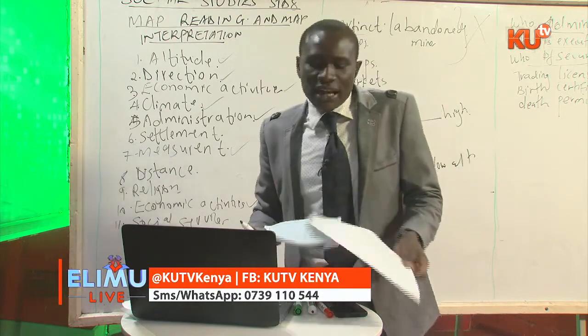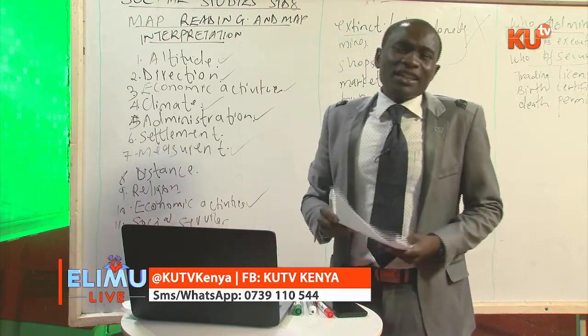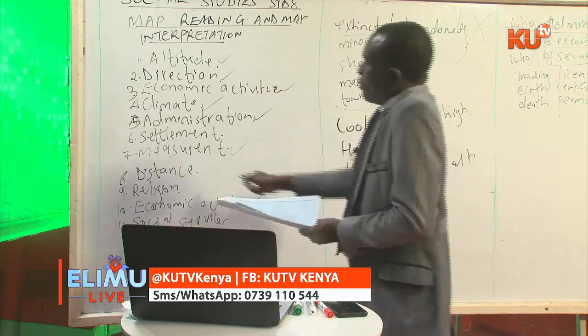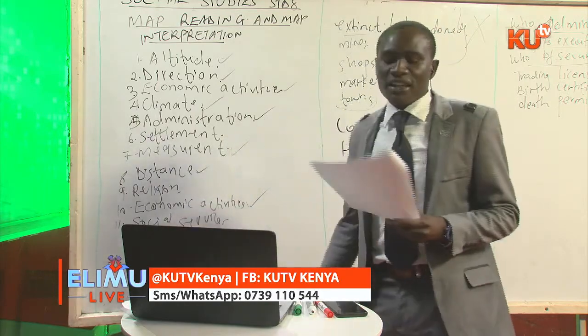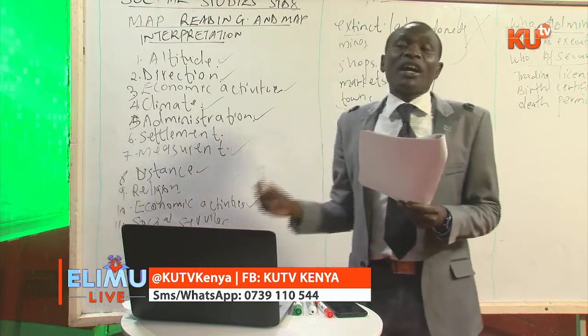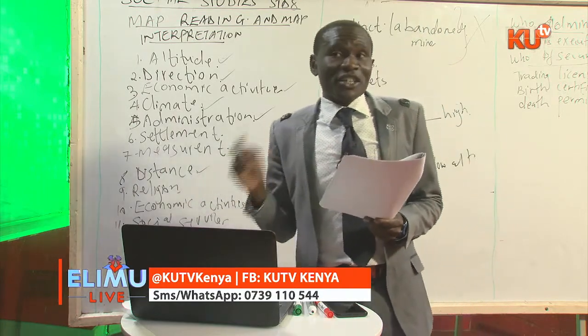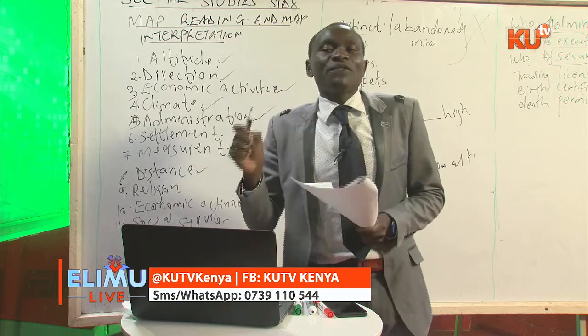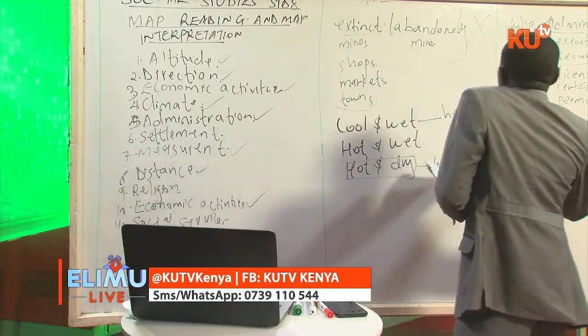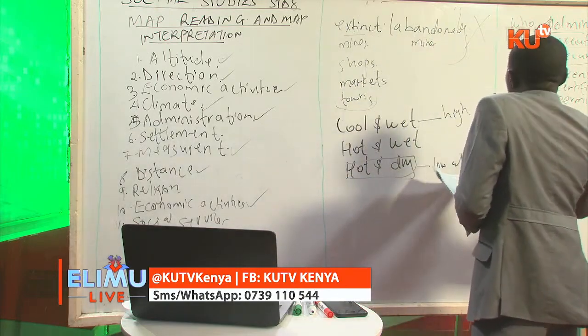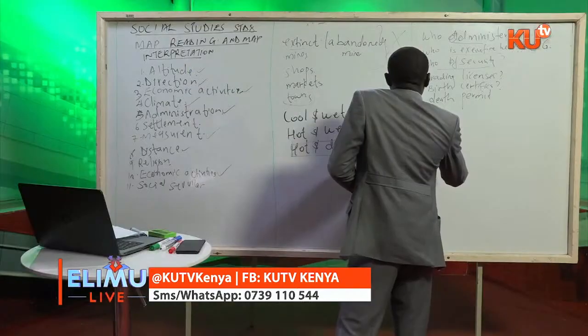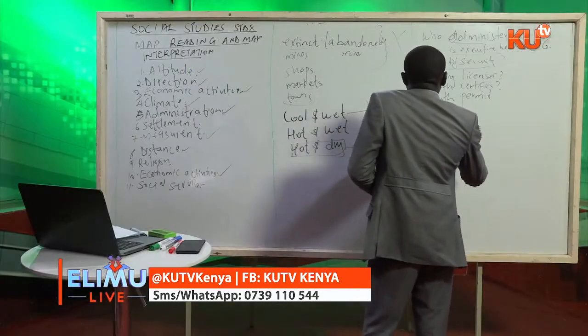Calculating the area on a map is also one of the areas that is most commonly examined. How do you calculate the area of an irregular shape? One, you divide the area into small squares of 1 centimeter by 1 centimeter.